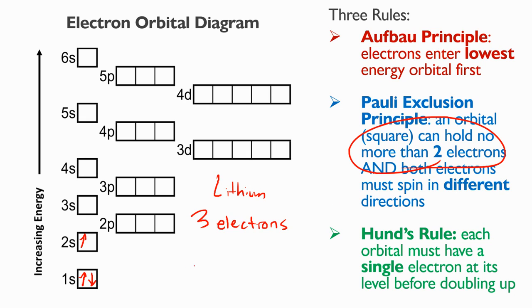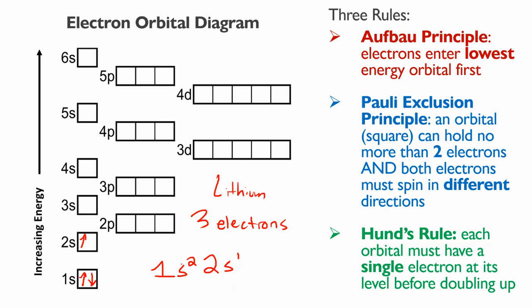So what would my notation be now? Now that I've allocated all my electrons for lithium, what's it going to look like? Well, again, I have 2 electrons in the s orbital at the first energy level, so I'm going to have the 1s2 again. But this time I also have 1 in the s orbital at the second energy level. So it's going to be 1s2, 2s1.